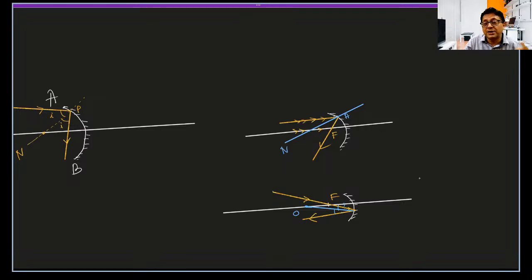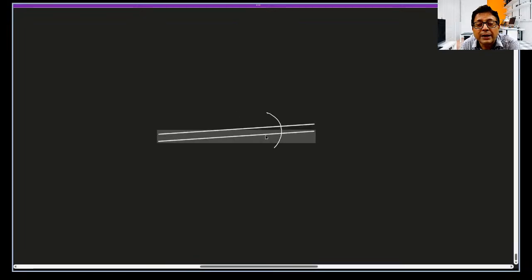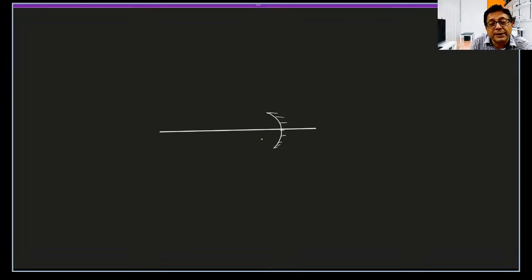Now the last question in today's session: if we send a ray through the center of curvature, then what will happen? How does it pass? Principal axis we have taken, mirror aperture also we have taken.